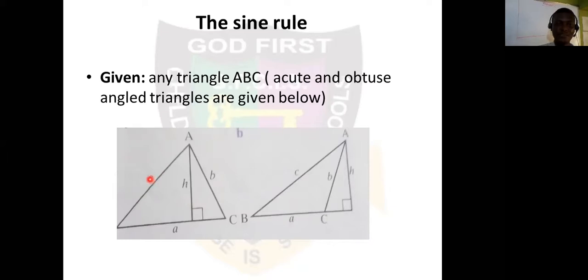This is small c, this is small b, and this is small a. So the side facing the angle is called by a small letter. Look at the big angle A. This is the side facing the angle, so it's represented as small a, small b, and small c. So from that proof, sine B is equal to h over c, then sine C is equal to h over b.